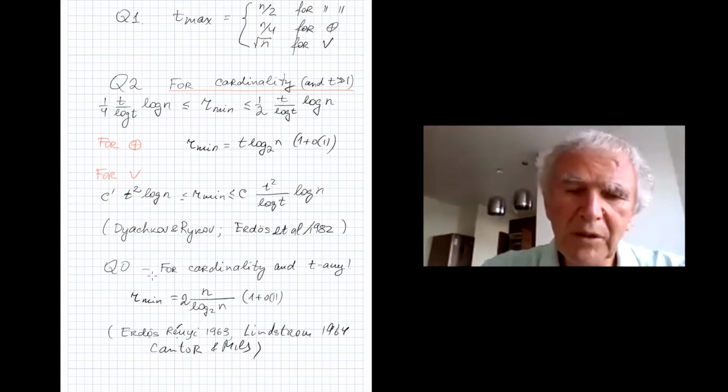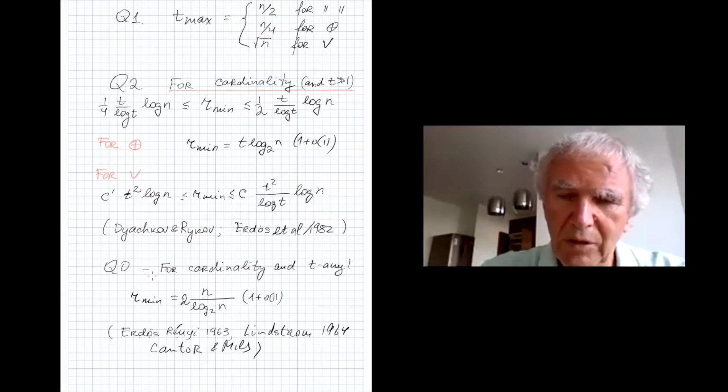The first non-trivial step was done by Erdős and Renyi in 1963, and one year later, Lindström and Cantor and Mills independently proved that the constant 2 is the correct constant here.